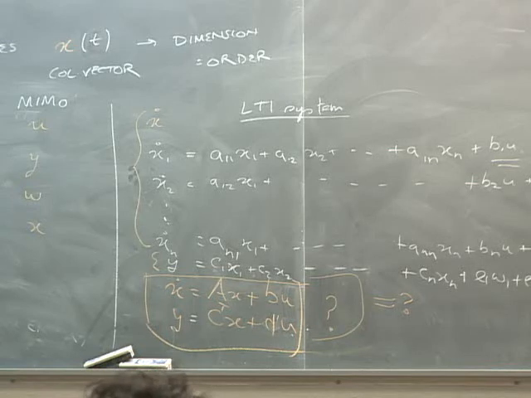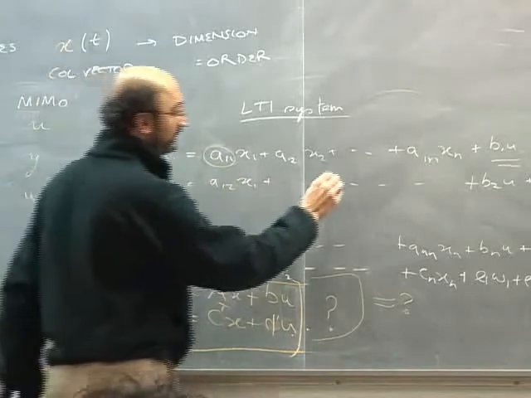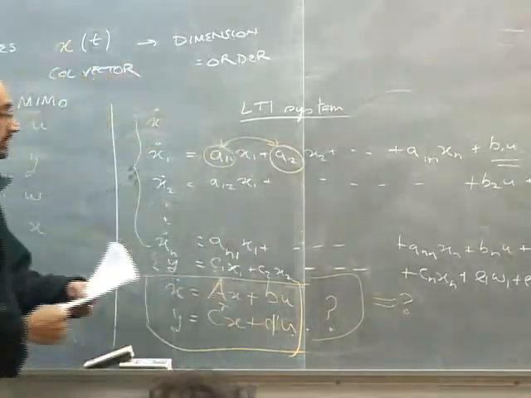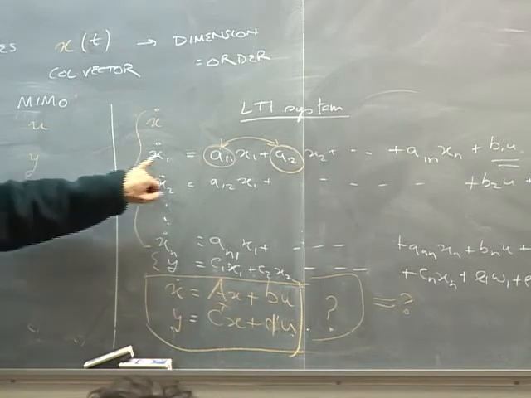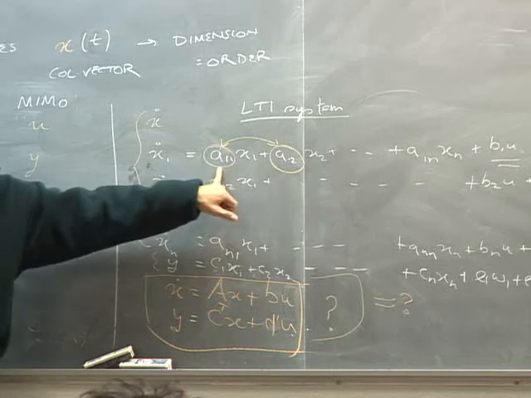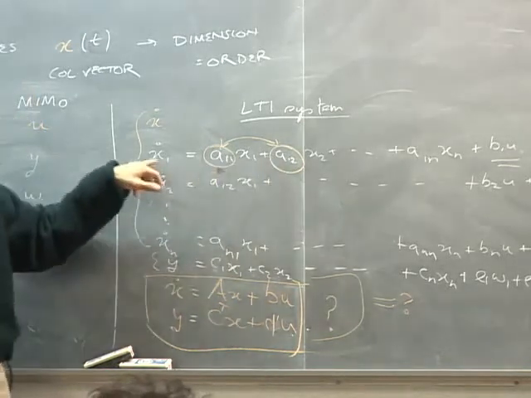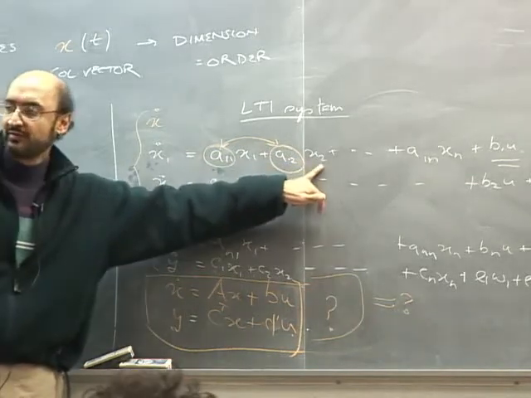Right. The other thing I want to mention over here is these terms, A11 versus, let's say, A12. Just compare the two. In this case, we're saying that x1 depends on the prior value of x1. Whereas in A12, we're saying x1 depends on the prior value of x2, a different state element.